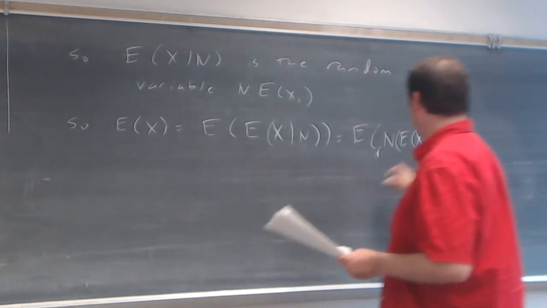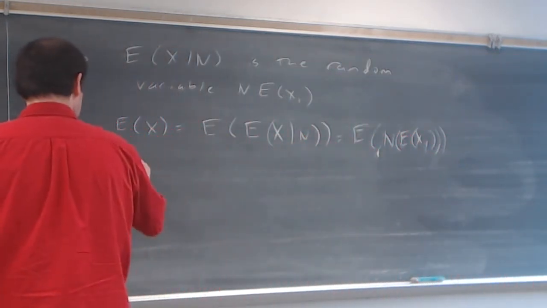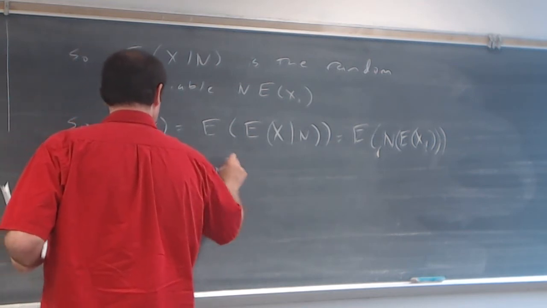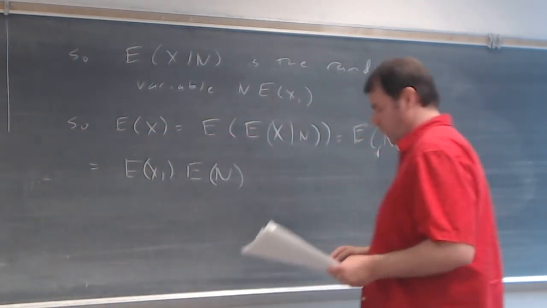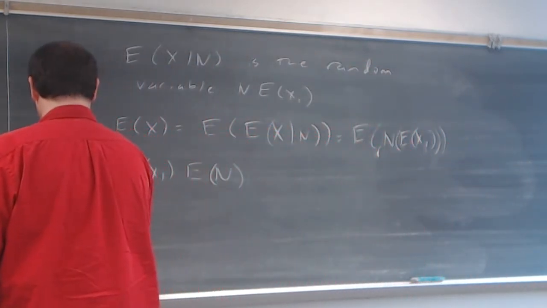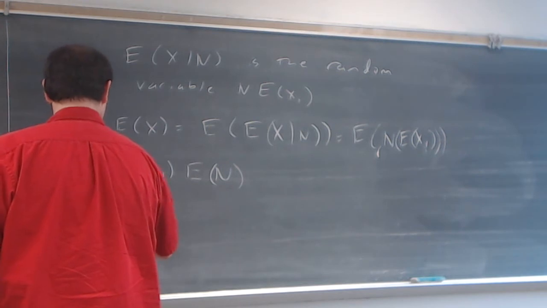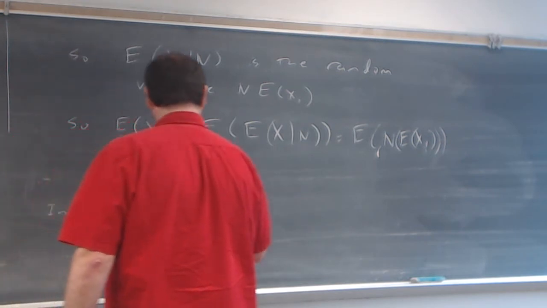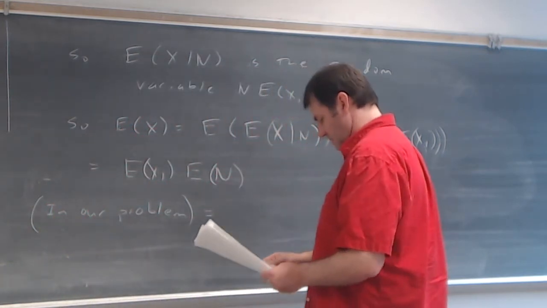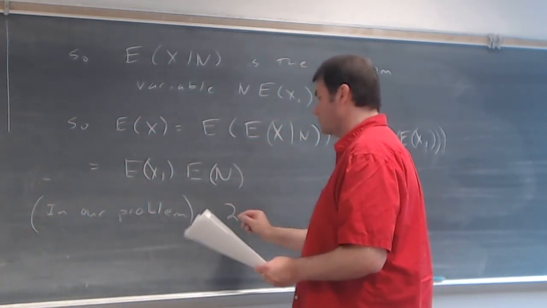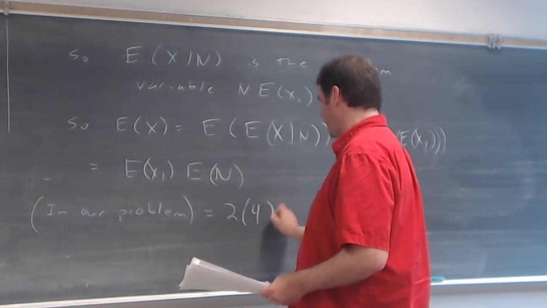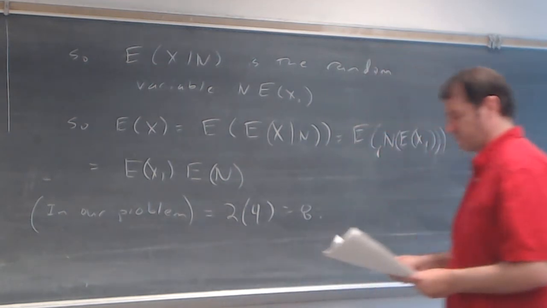Now the expected value of x sub 1 is a constant, so it can be brought out, times the expected value of N. So in our problem, the expected value of x sub 1 I think was 2, 2 people injured per time. And the number of absences we expect per week is 4. So we get 8. That's what we have.